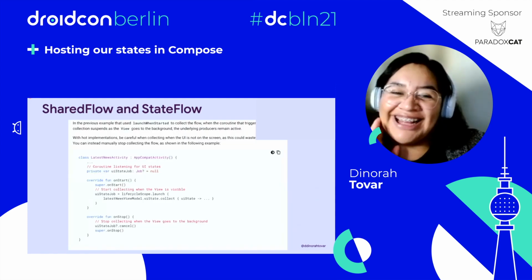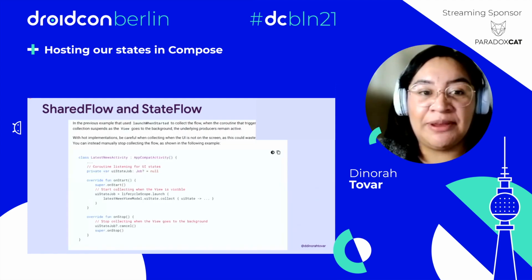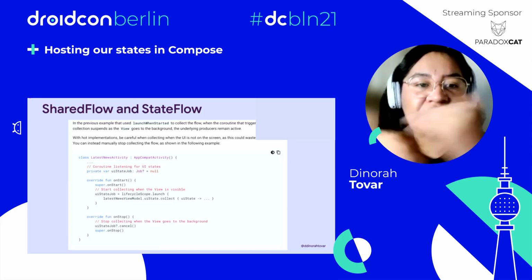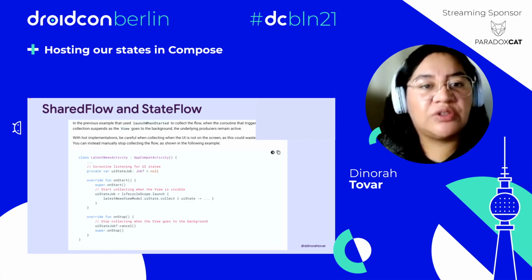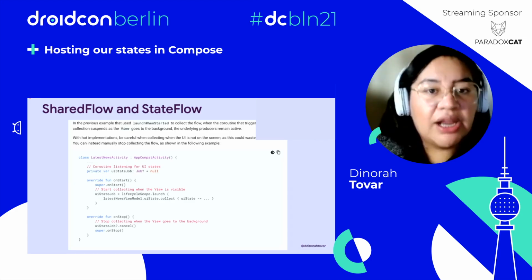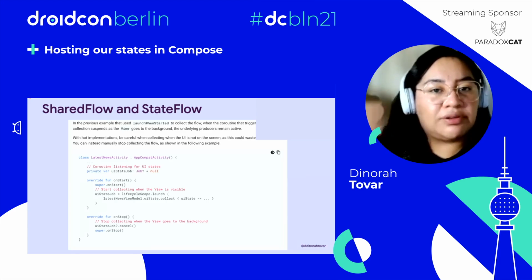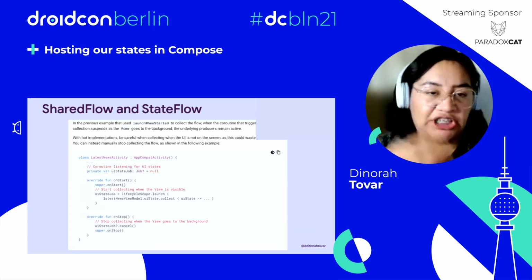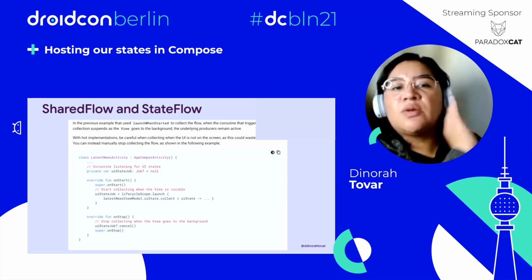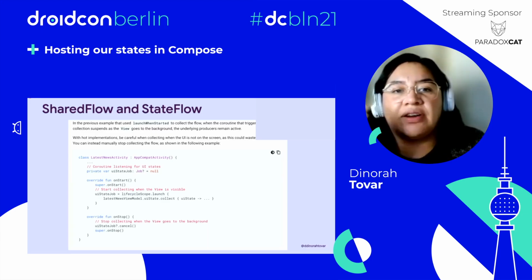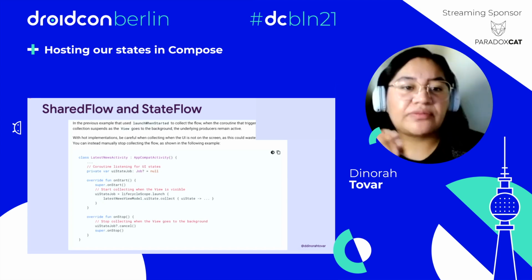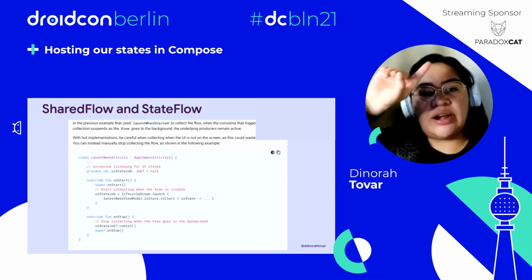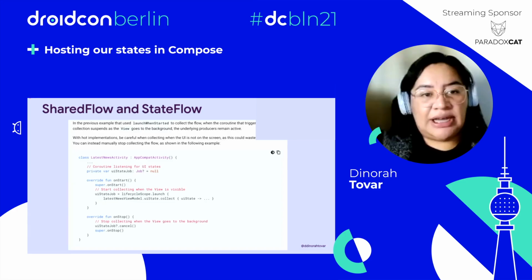It's actually in the Google documentation of consuming flows. If you see here, what is happening is that we are starting the consuming using launch when started, and we are consuming a flow, right? And when the coroutine is triggered, the collection is suspended, right? And if the view goes to the background, we might have the underlying producer active. So if this happens, we need to make sure that we have a little job at the top.